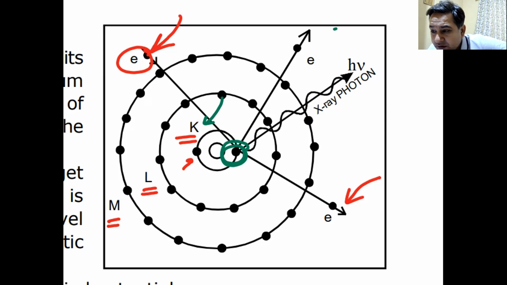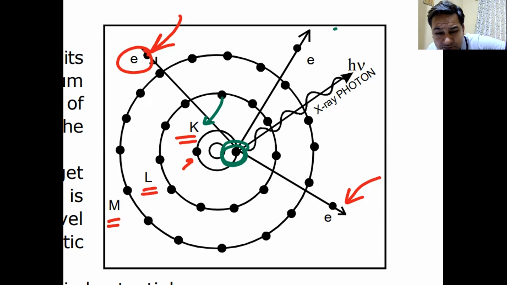So, what is going to happen now? Or I should say the reverse: from a higher shell, if I knock an electron out, the higher shell has lower energy, the lower shell has higher energy. Do we remember this energy concept?